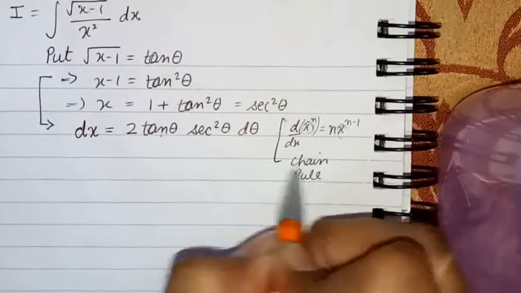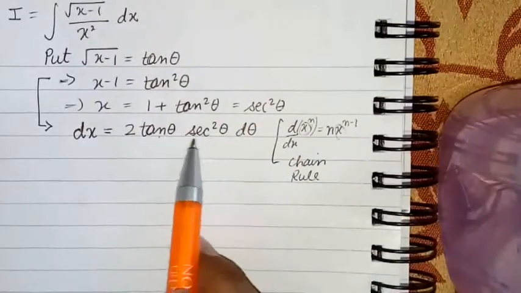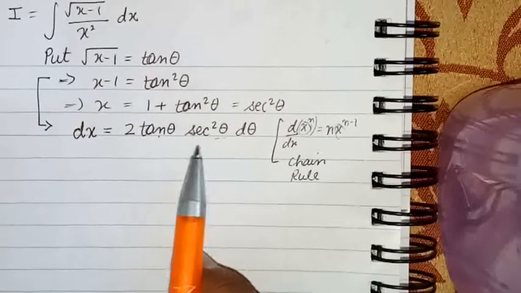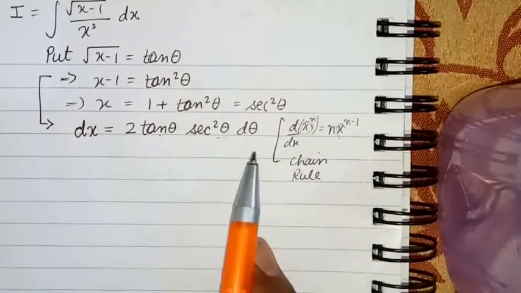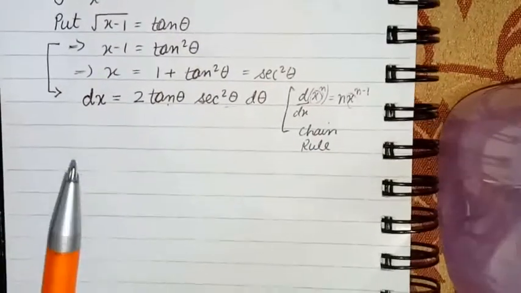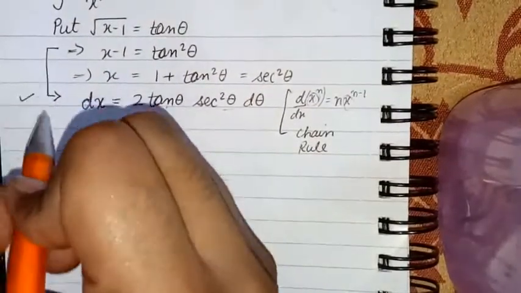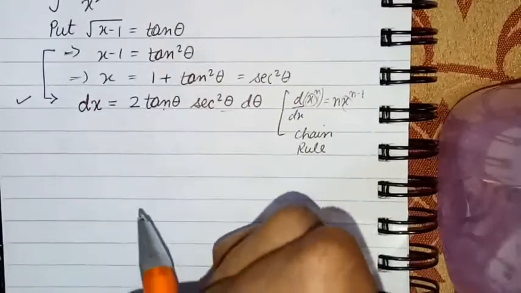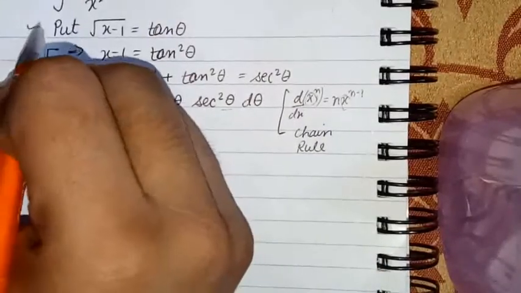That means afterwards I have differentiated tan x, which is secant square x, the derivative of tan x, and at last d theta. Now see this and this one and this one.